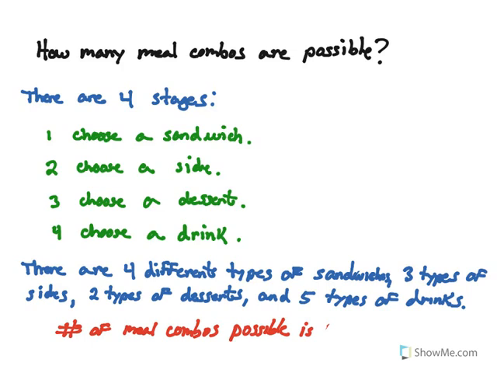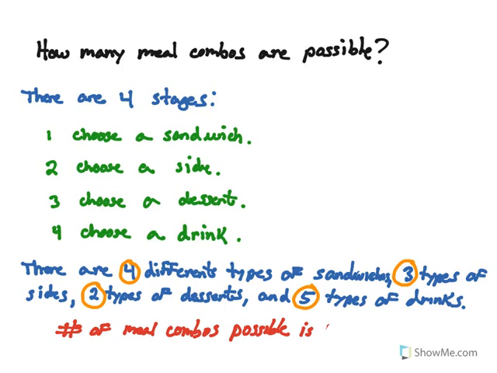There were 4. So we can probably circle that. And how many choices of sides did we have? Well, there were 3. And for dessert, there were 2 types. And for drinks, you had 5.